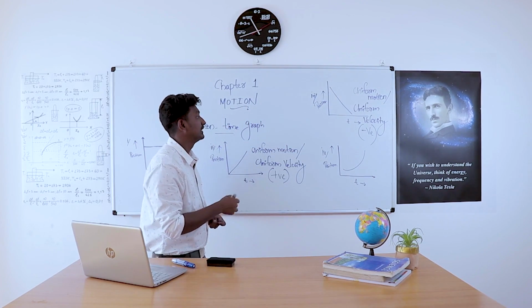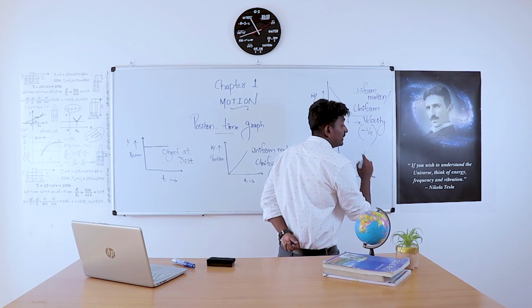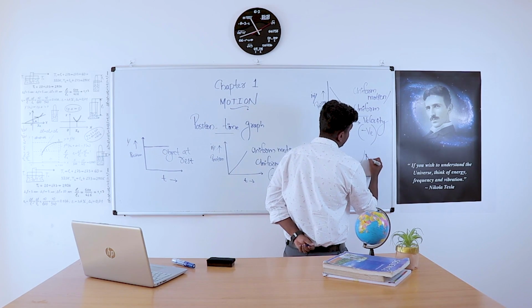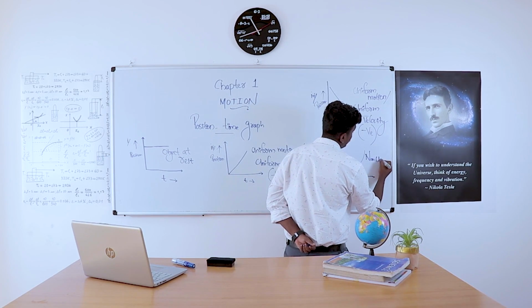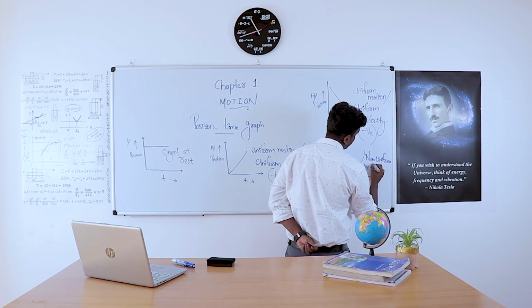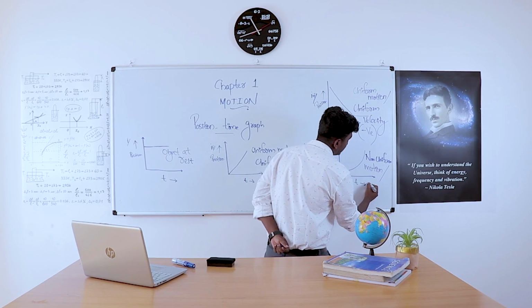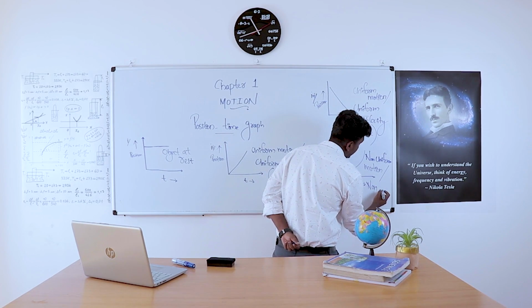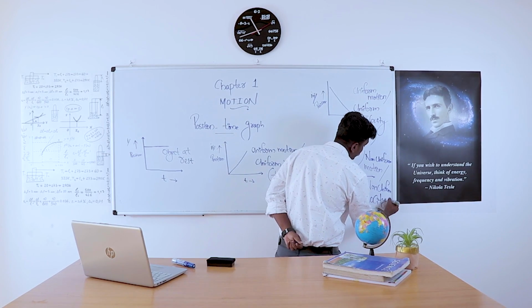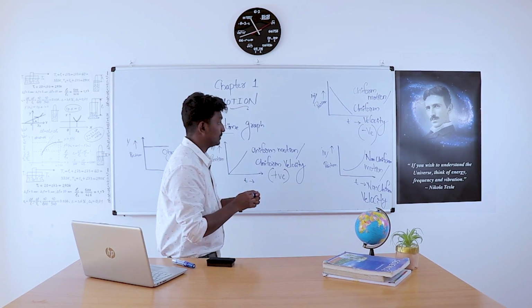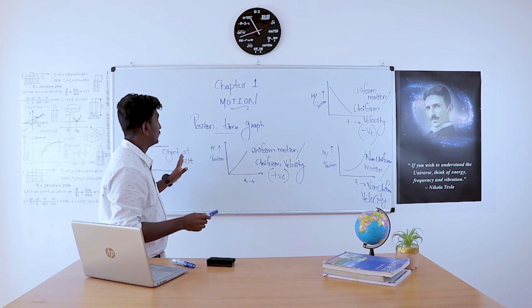If we are getting a curve, then the nature is non-uniform motion. Or we can say that the object is moving with non-uniform velocity. Look at these four graphs.